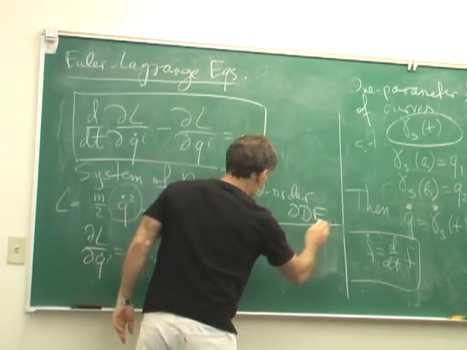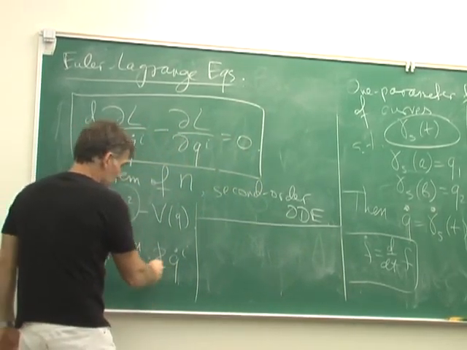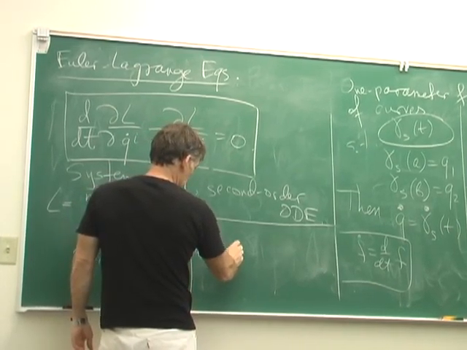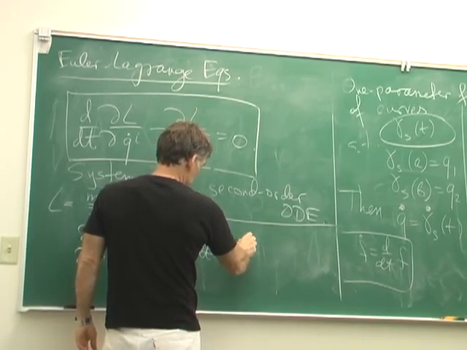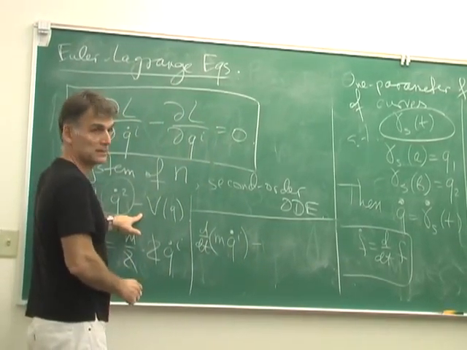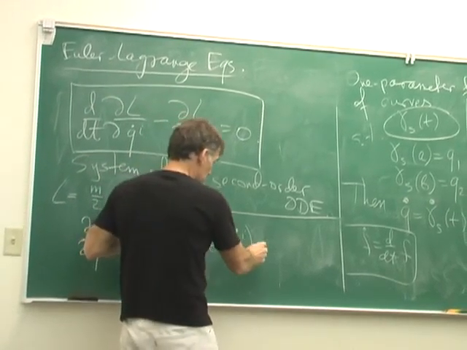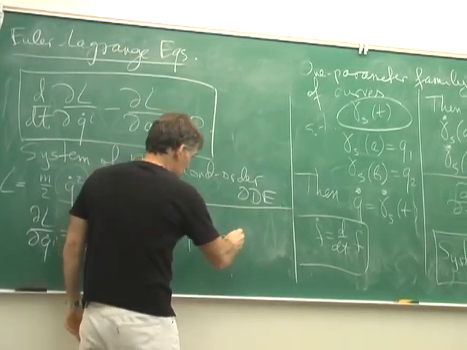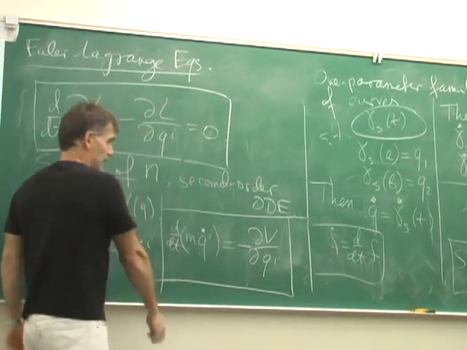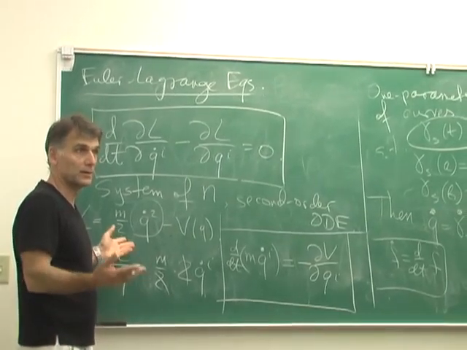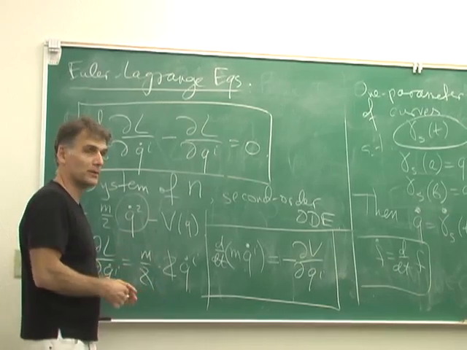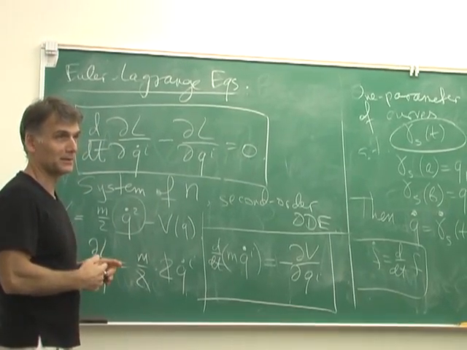So you get, well, these two cancel, and you get d by dt of m q dot i, minus, there is this minus, and there is this minus, so it is plus. And let me put it on the right hand side, and you get dV by dq i. Well, you probably saw these equations, depending on where you study, maybe in high school, maybe earlier.